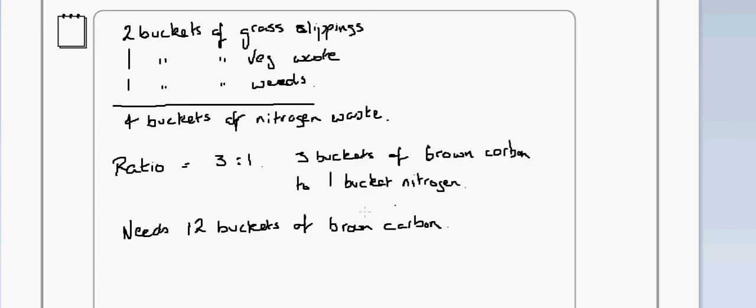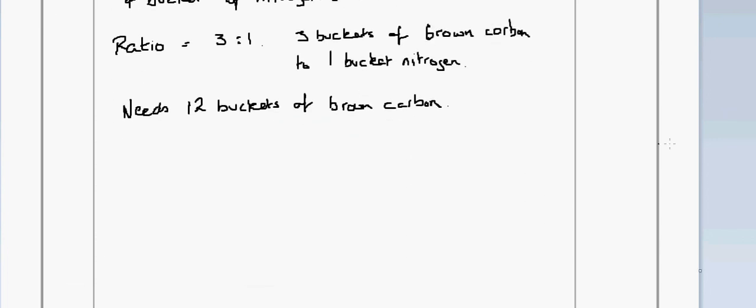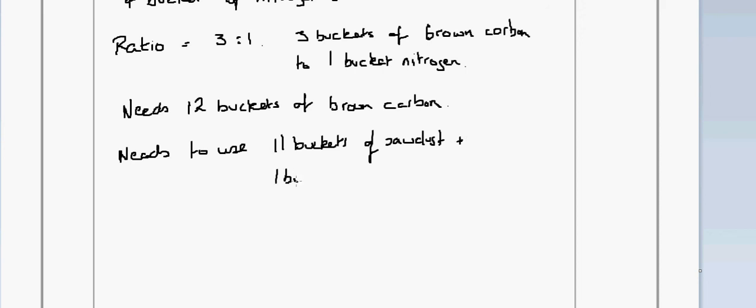So I can say she needs to use 11 buckets of sawdust plus 1 bucket of newspaper.